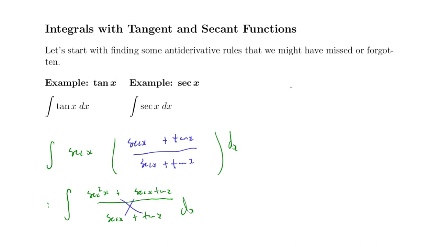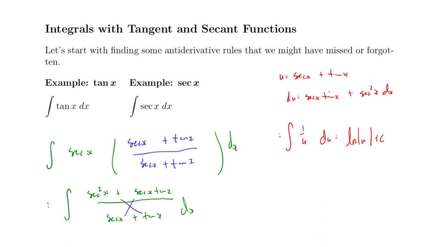So conveniently, when we do this little trick, we can say u is equal to secant x plus tangent x, and that means du is secant x tangent x plus secant squared x dx. And so our integral turns into just a nice 1 over u du, which is a natural log of u. So we end up with the natural log of secant x plus tangent x.